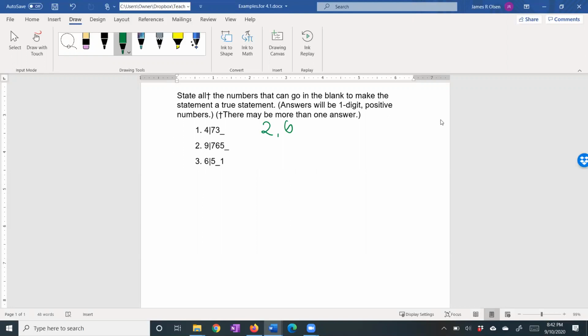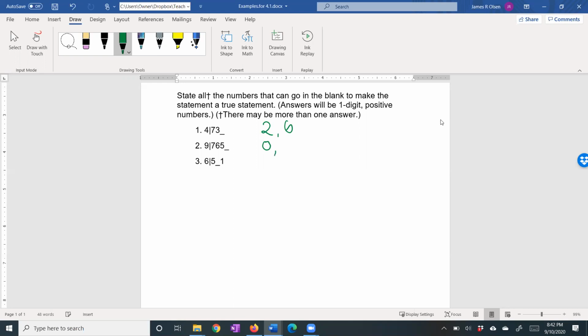Now let's look at number 2. 9 is going to be a divisor of 7,650 something. The divisibility test for 9 says we need to add up the digits. So we have 7 plus 6, which is 13, plus 5, which is 18. 18 plus the last digit needs to be divisible by 9. Well, it could be 0. 18 plus 0 is 18.